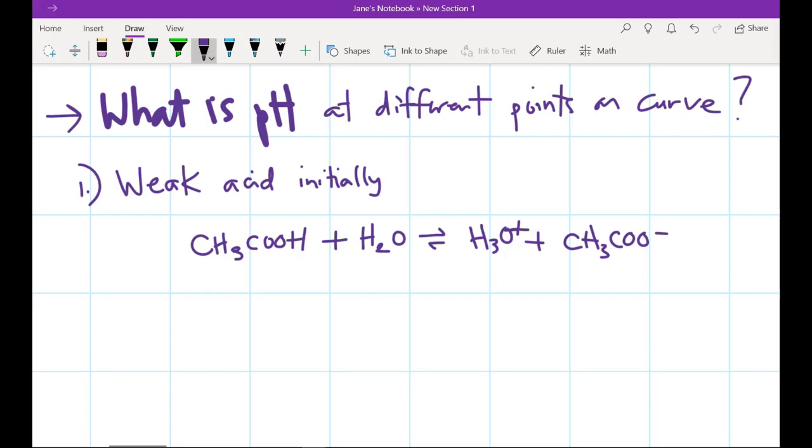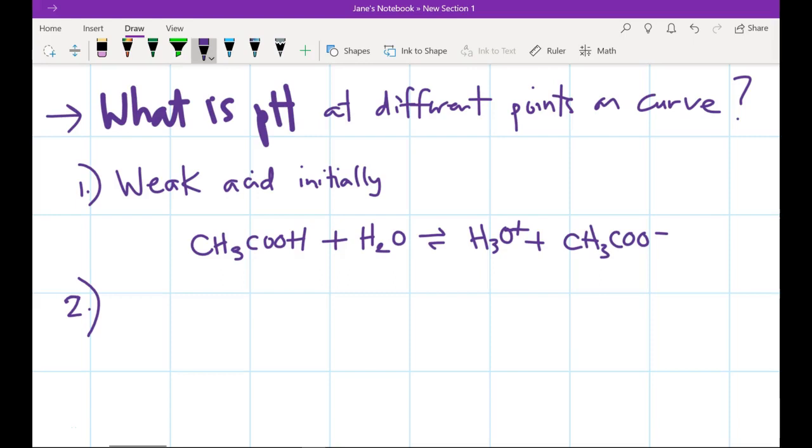The second reaction that you might have on the exam, or actually it's still part of the same question, is at the midpoint. So you're titrating along and you've added a certain amount of base to this weak acid. And at the midpoint you have half weak acid and half base.